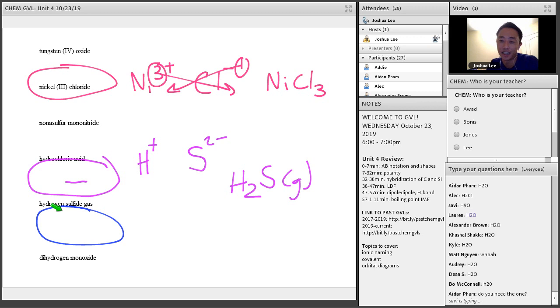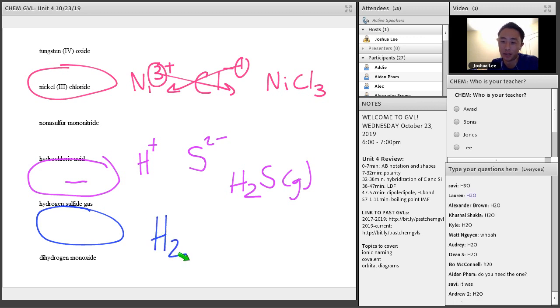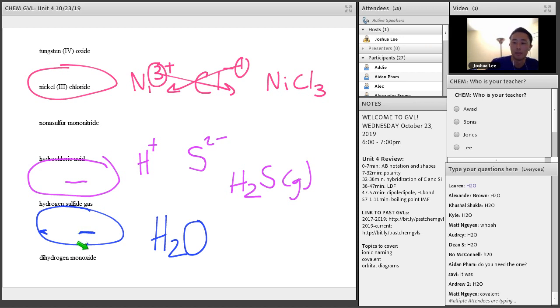Yeah, so dihydrogen is H2 and monoxide is O, one oxygen. So as soon as you see a prefix, what do you know? Well, what type of molecule is this? Go, go, go, go. Matt wins. Covalent.